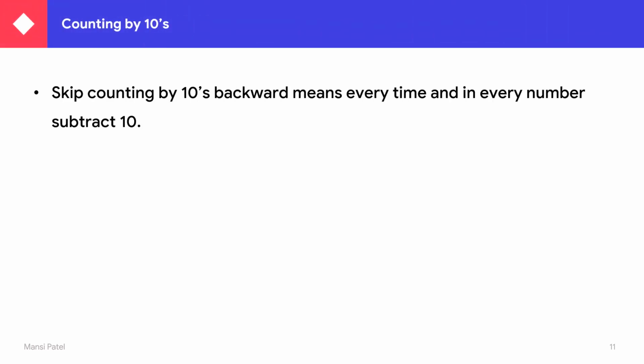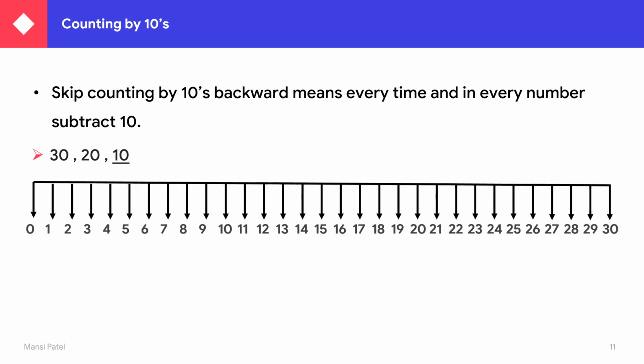Now what about counting by tens? Skip counting by tens backward means every time, in every number, we subtract 10 from it. 30, 20. This is backward counting, and how much do we subtract? 10. So 20 minus 10 is equal to 10. Let us see with the help of an example on a number line.